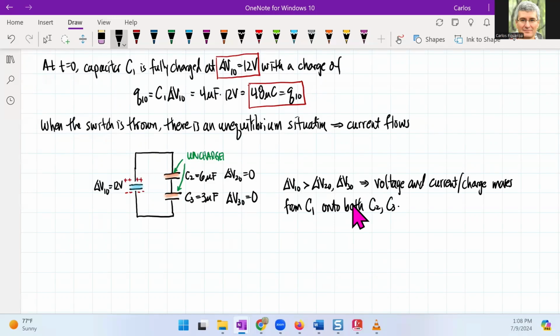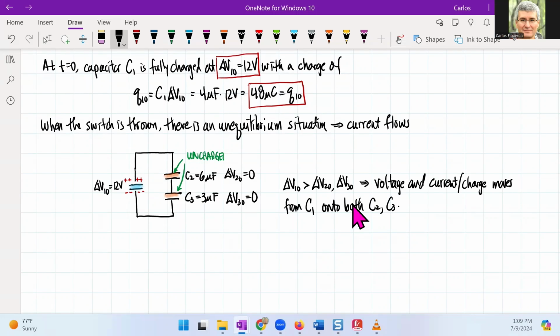So what we're going to find here is that some of the charge is now going to go onto C2 and C3. That means the initial charge of capacitor C1 is going to retain some of the charge, and some of the charge is going to go on to C2 and C3.